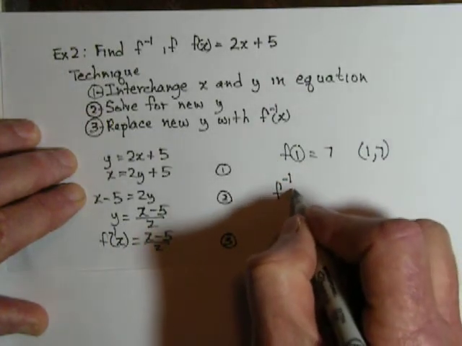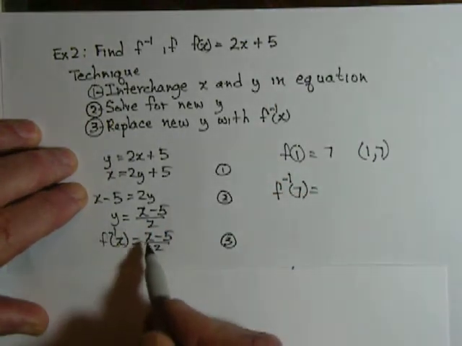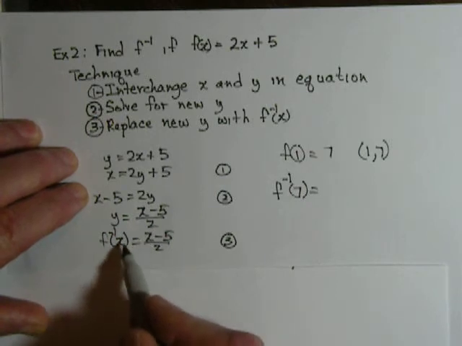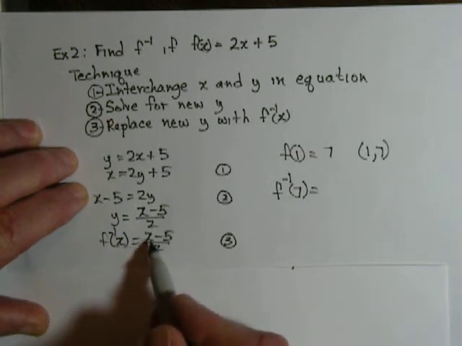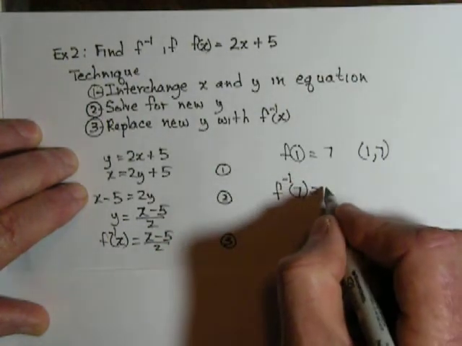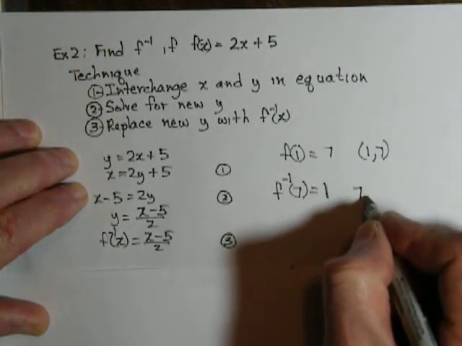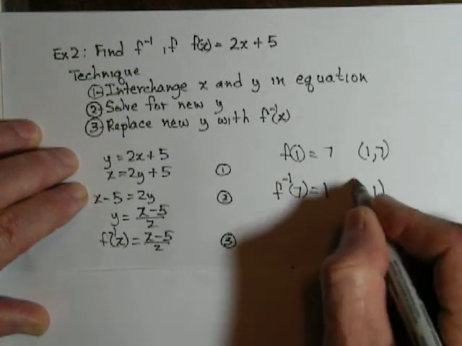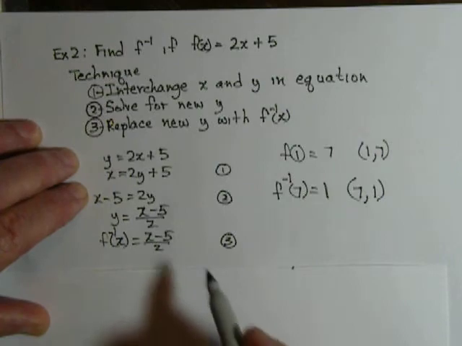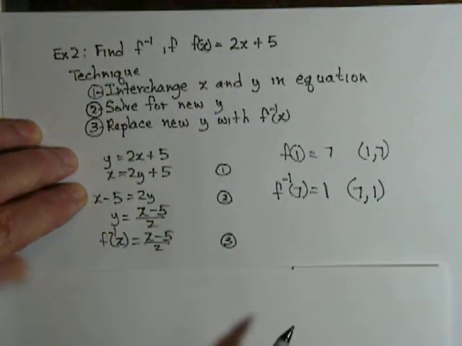So I'm going to look at F inverse of 7. So I'm going to plug 7 in here in my new formula for F inverse. 7 minus 5 is 2, and 2 divided by 2 is 1. So what F inverse created was the ordered pair 7, 1. So it's doing what it was supposed to do, creating the ordered pairs that this one creates, but in reverse.